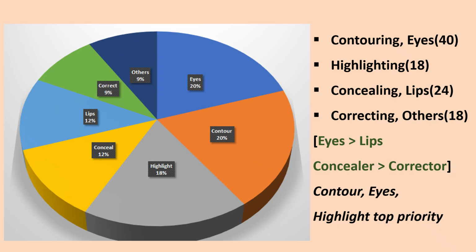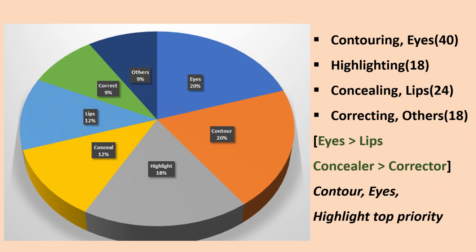So you can do a lot with eyes. With mouth and lips, your scope is limited. You can't do much. Products are limited, methods are limited. With eyes, you can do a lot of maneuvering, whereas with mouth and lips, you can't do much. That's the reason why eyes are given greater weightage than lips.